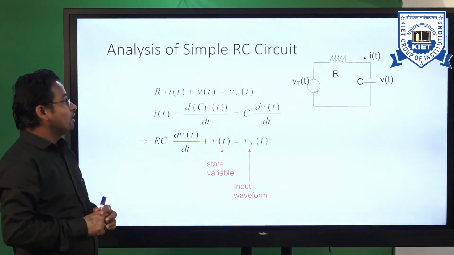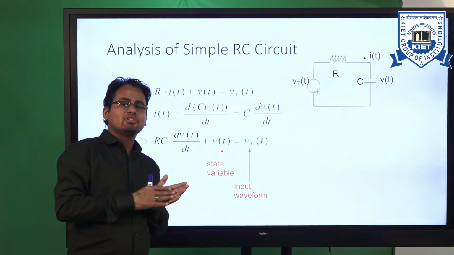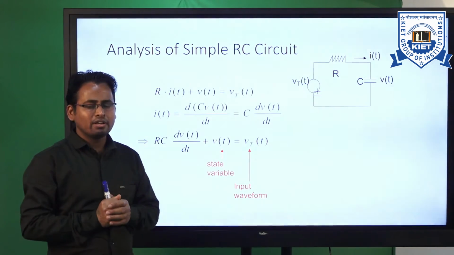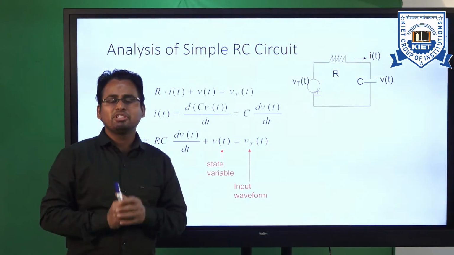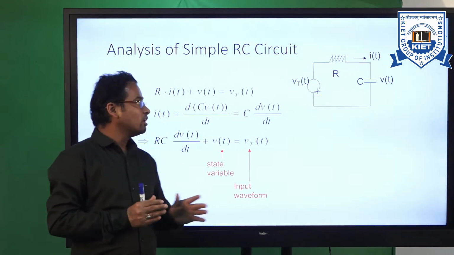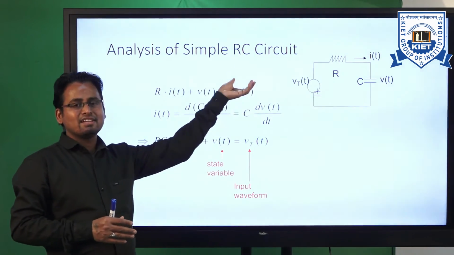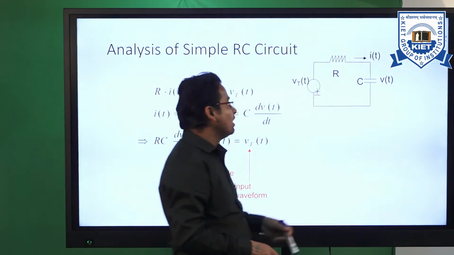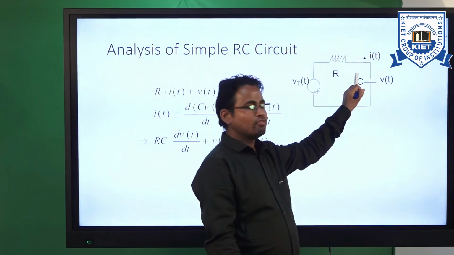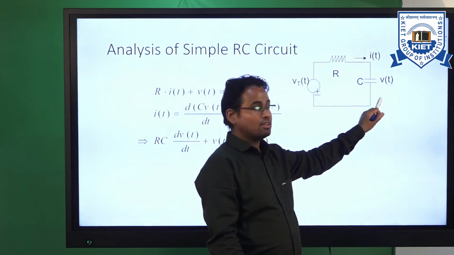Look, after simplification of ramp and parabolic, we come to some fundamental numericals which belong to a simple analysis of an RC circuit. Here RC indicates a series resistance with a series capacitance.